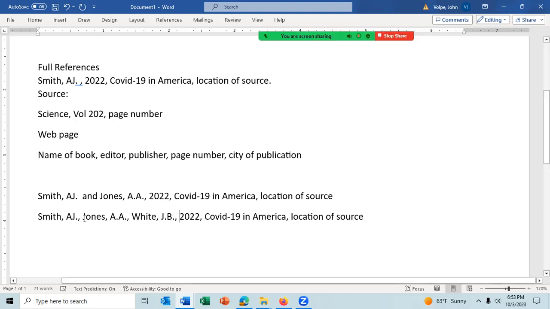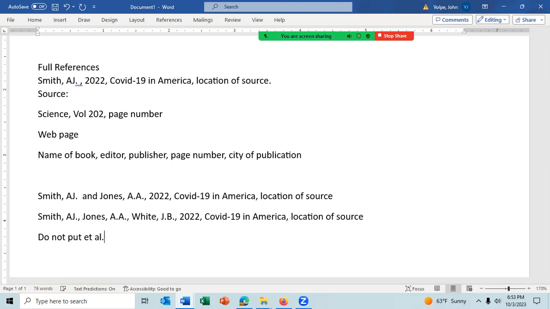You do not put in et al. at all ever in the full references. There is an exception, and that is if there's 8 or more authors.